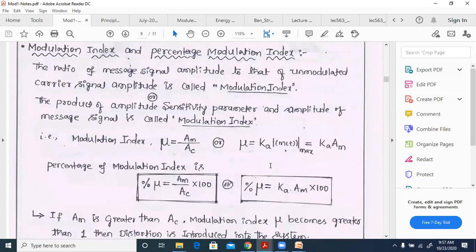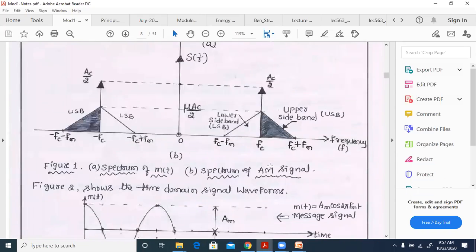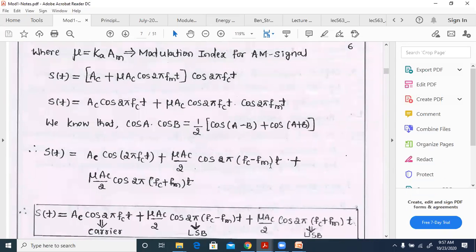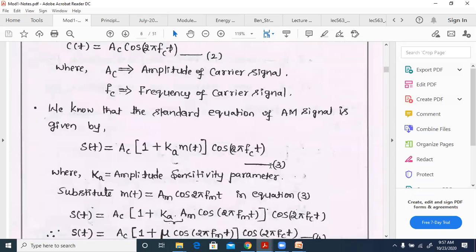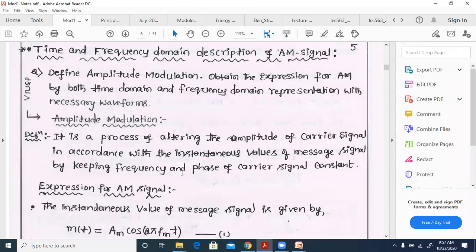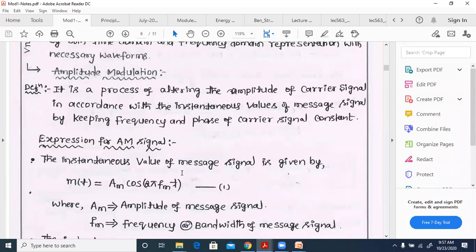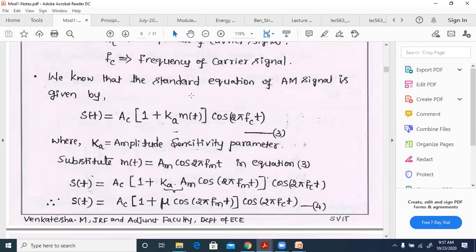Have we not written that? Yes, we have written this. This is single tone itself. I don't know why we have written this. Okay, this is single tone itself. But the waveform cannot be that way, right? The value of m(t) is written as Am cos of 2 pi fmt. This is what is single tone.